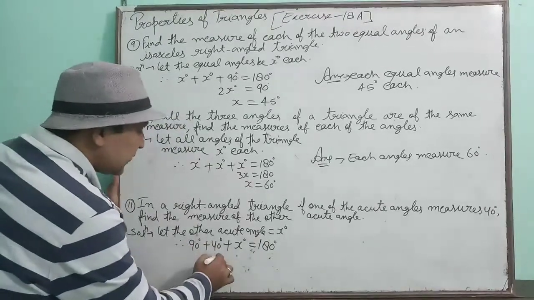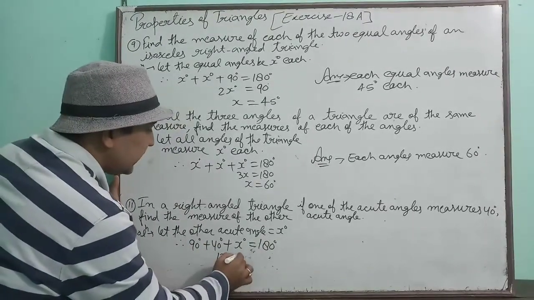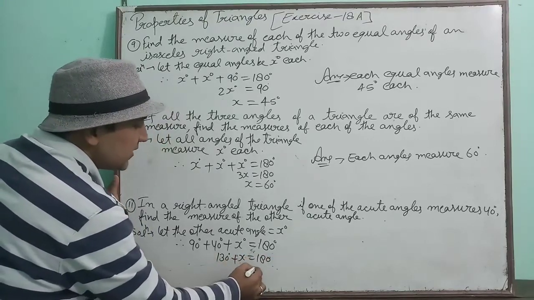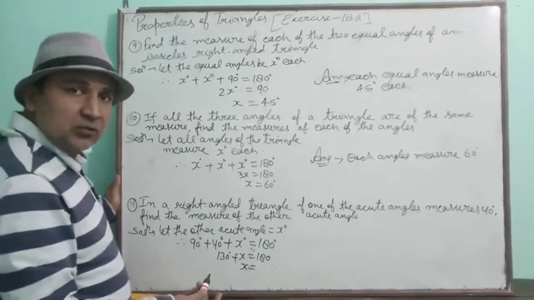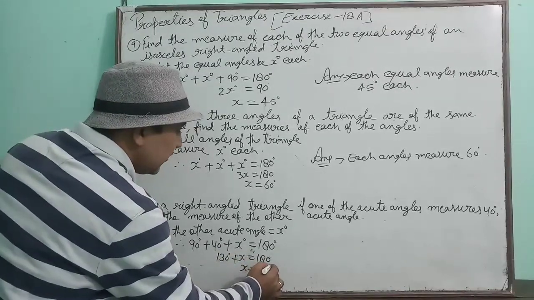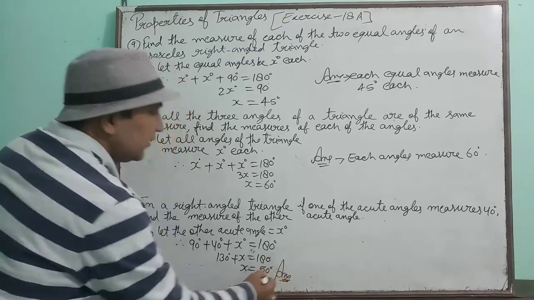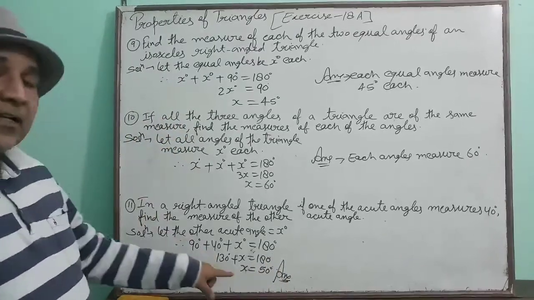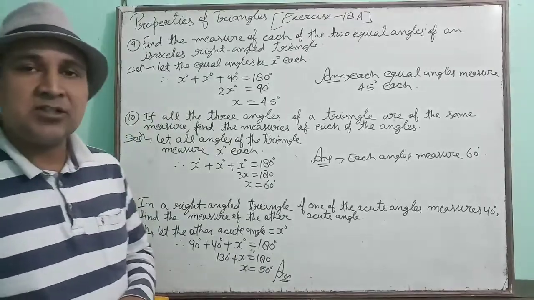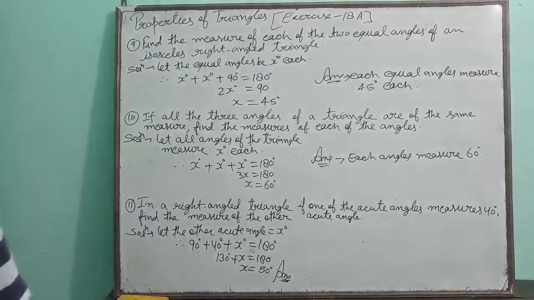Now 90 plus 40 is 130 degree. Now 130 degree plus x is equal to 180, then x is equal to 180 degree minus 130 degree, which means 50 degree. That means the other acute angle is equal to 50 degree. Okay? Now note down these questions.